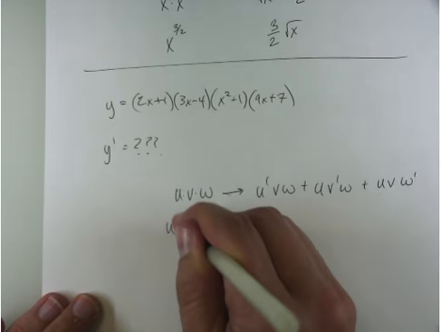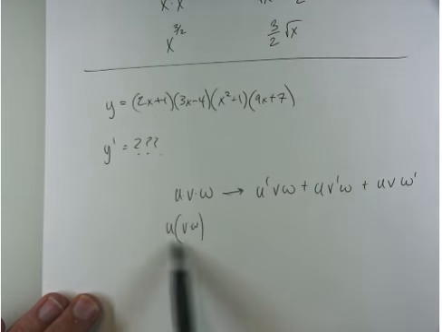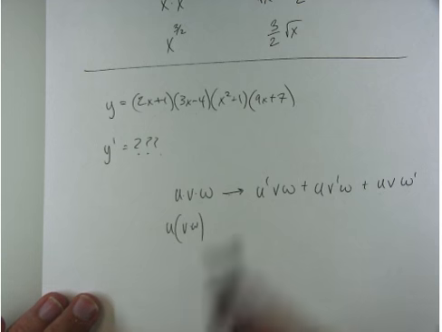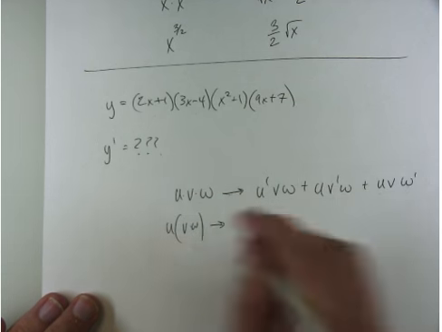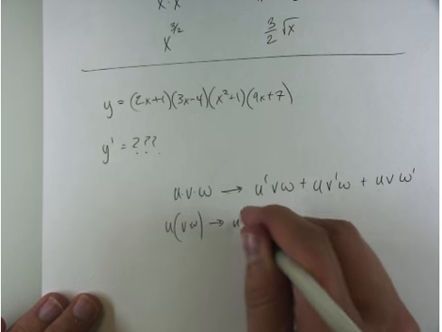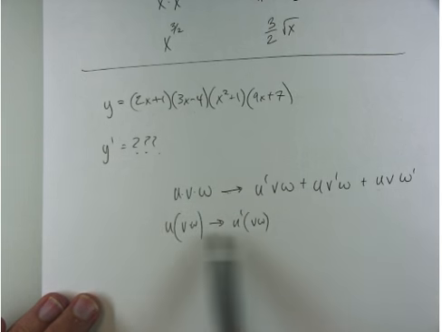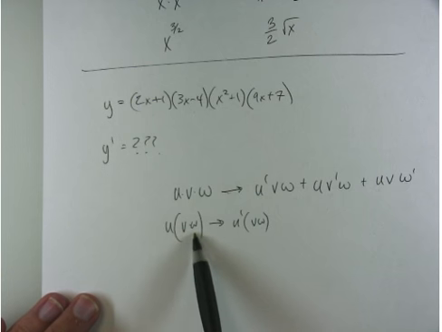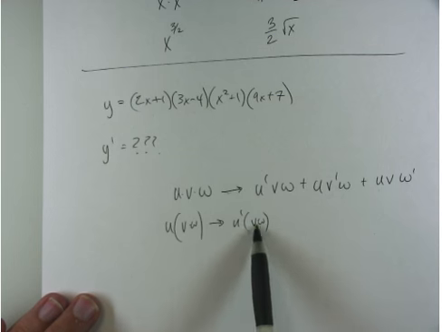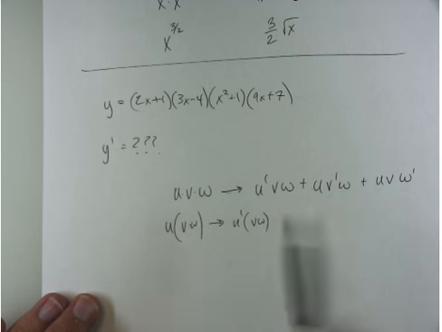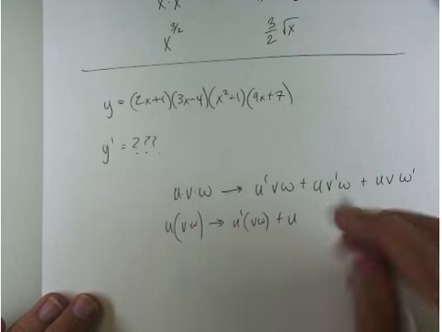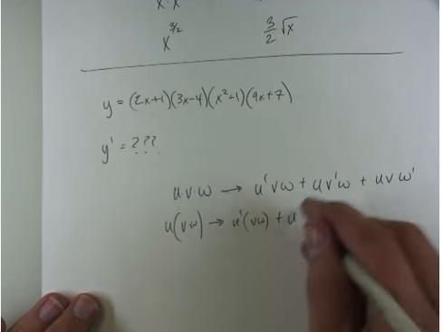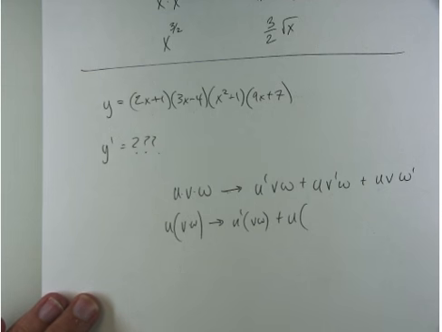This is u times vw. So if I want to think about the product rule, that's u prime, and then vw is left alone. If I want to use the product rule, it's the derivative of the first thing times the second thing left alone. Plus, the first thing gets left alone, and I take the derivative of the second thing. And the derivative of vw, well, how do I do that?